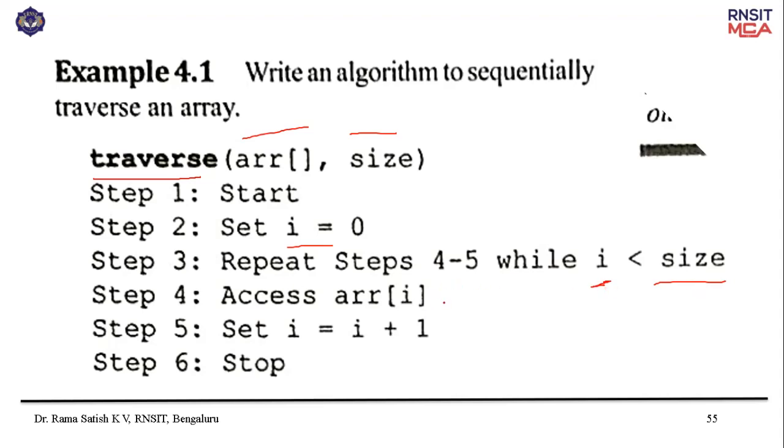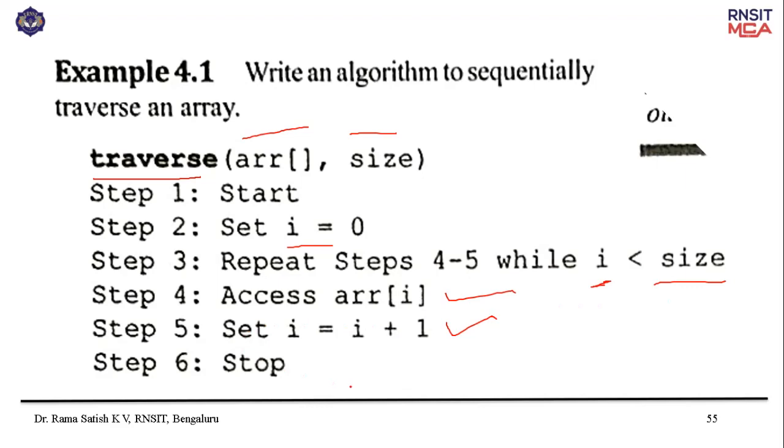It has to access, that is, print the element, then increment the value of I. Steps 4 and 5 repeat until I is equal to or greater than the size, and then it automatically stops.